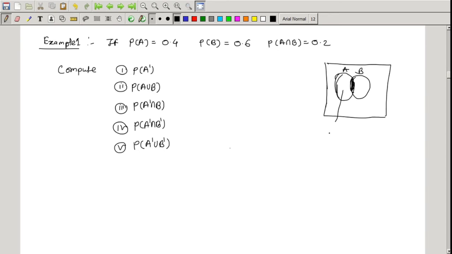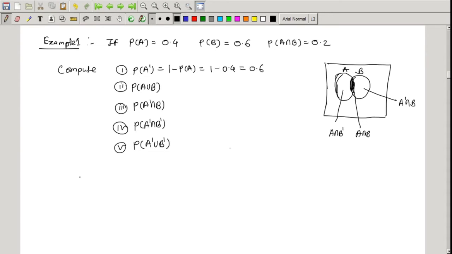So this part is my A intersection B dash, this part is A intersection B, and this part is A dash intersection B. So by theorem number 1, P of A dash is 1 minus P of A, correct? So which is equal to 1 minus 0.4, so the answer is 0.6.